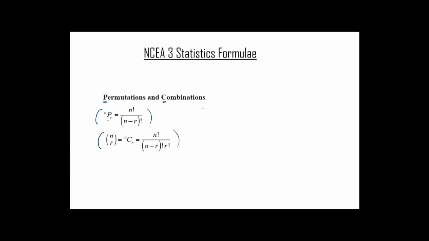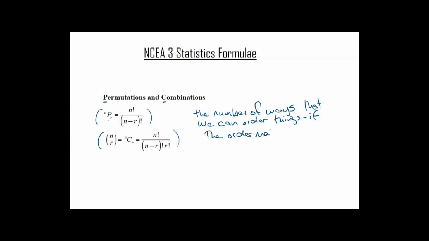What are they? The permutations is the number of ways that we can order things if the order matters. So we care what order things are done in.